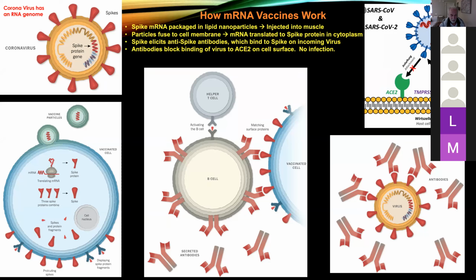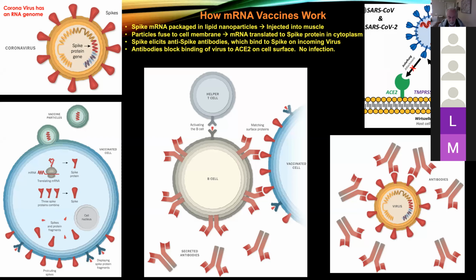These little particles fuse to the cell membrane, and once inside the cell, the mRNA is translated to spike protein in the cytoplasm, and the spike gets exported to the outside of the cell where it induces anti-spike antibodies. And then the antibodies block infection.